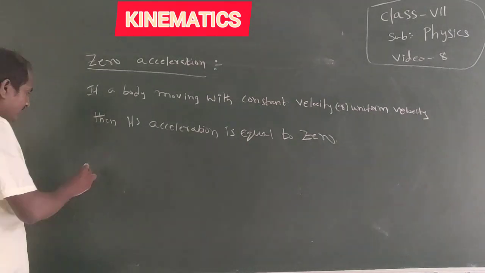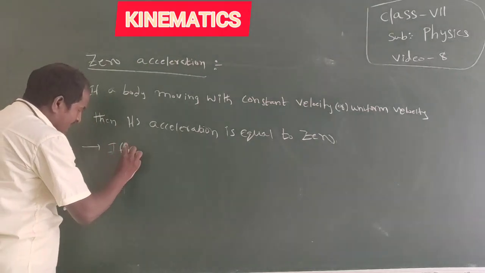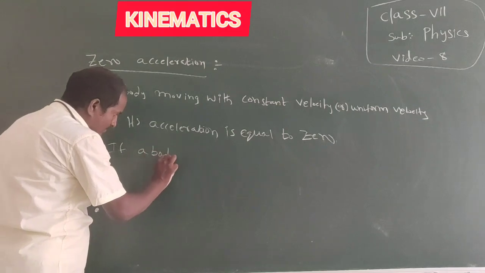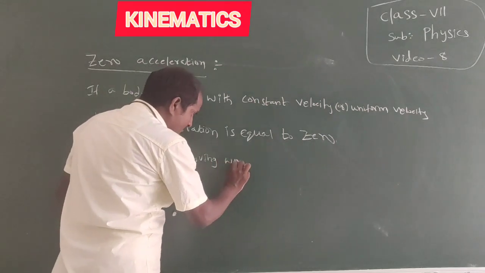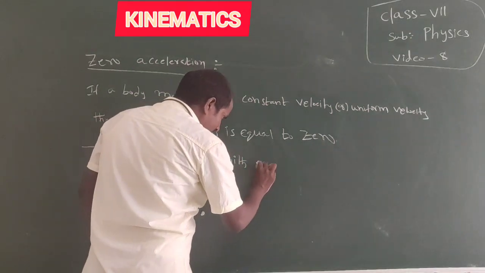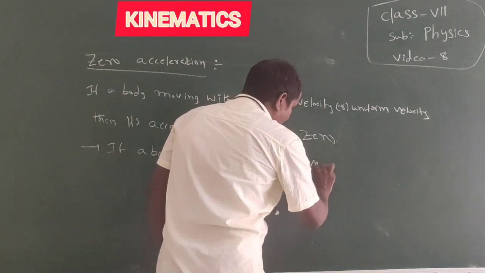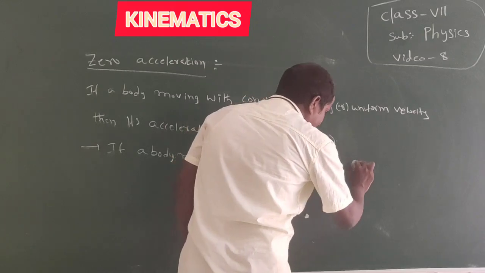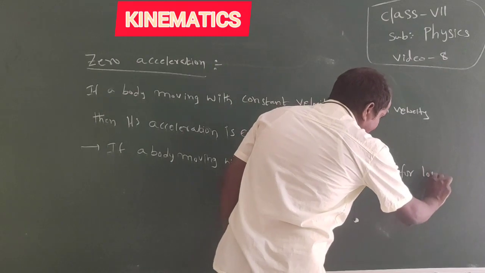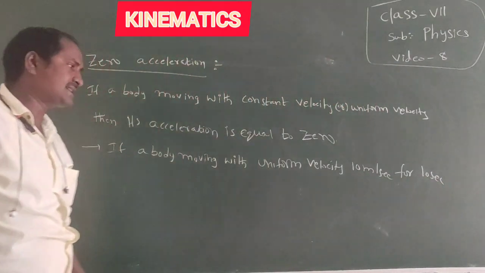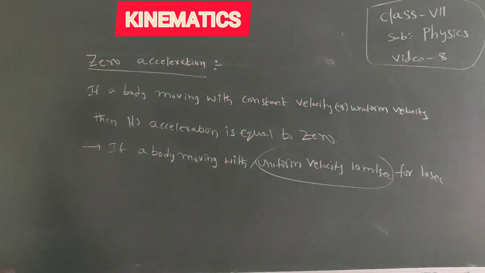If a body is moving with a uniform velocity of 10 meter per second for 10 seconds, what is its acceleration? A uniform velocity means initial velocity and final velocity both are equal.